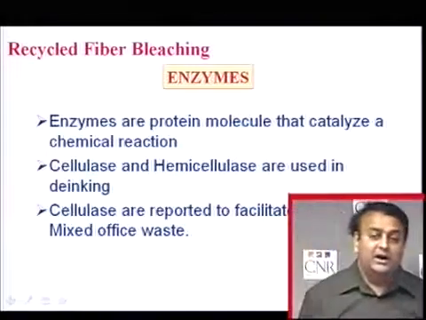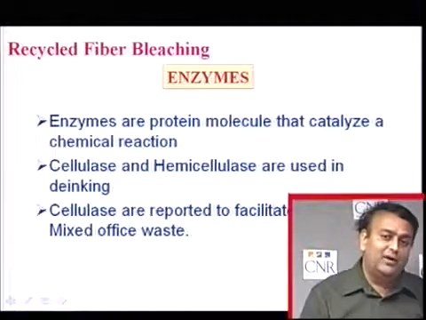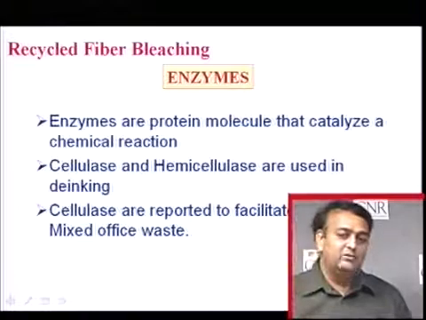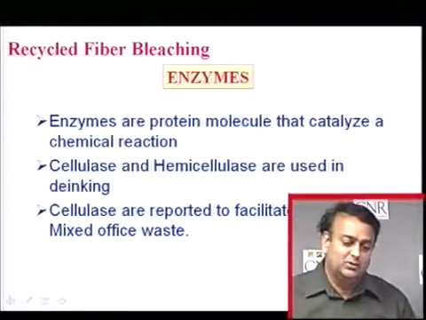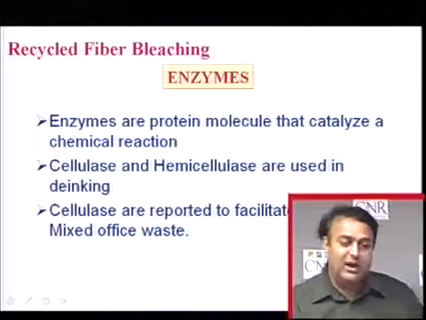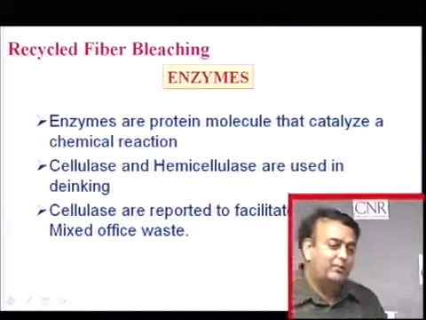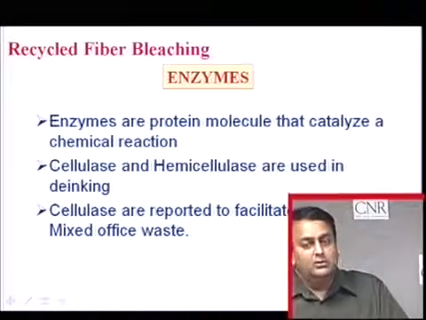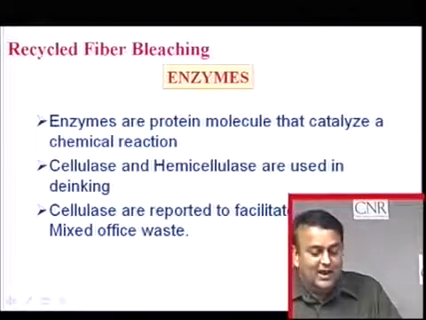We saw reductive bleaching with hydrosulfite, FAS and DBI, the direct borohydride injection process. I am going to touch upon enzymes a little bit because enzymes also help in bleaching as a pre-bleaching step. Enzymes are protein molecules that catalyze a chemical reaction.